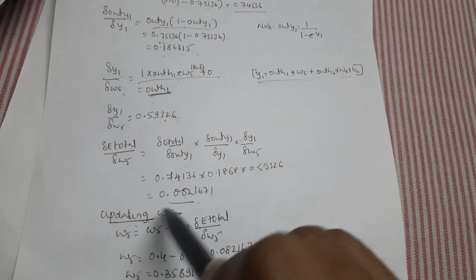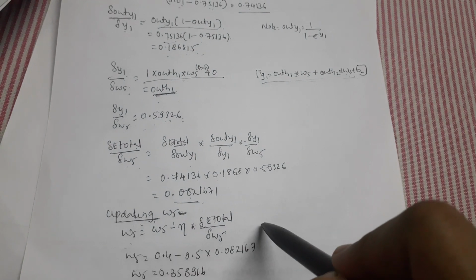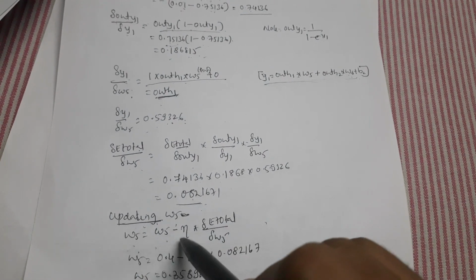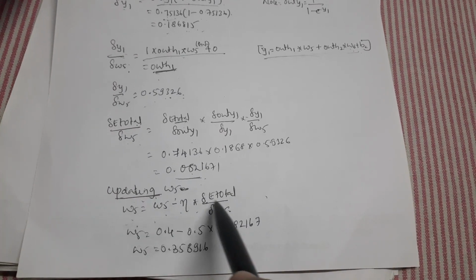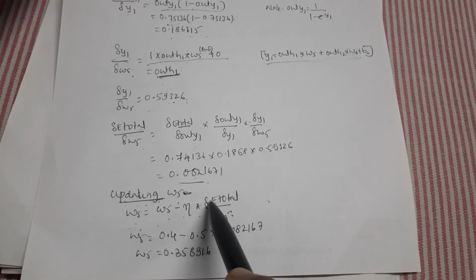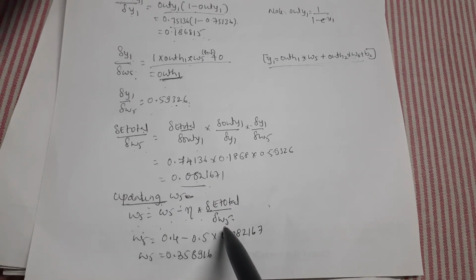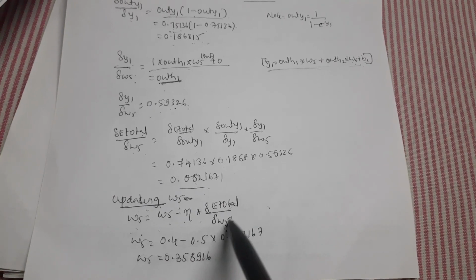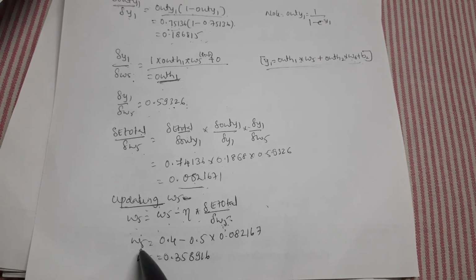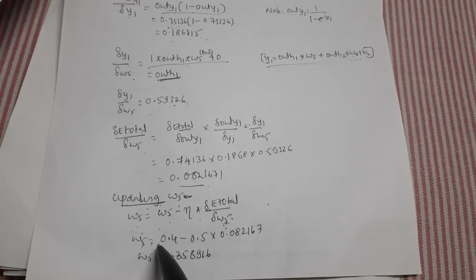For updating W5, this is the equation: W5 is equal to W5 minus learning rate into change of total error with respect to change of W5. I have to change the total error by changing W5, so I am changing W5 here. What is the previous weight of W5?